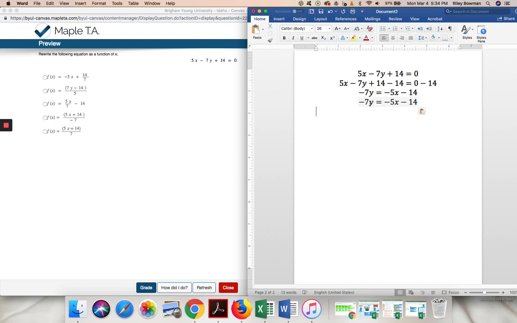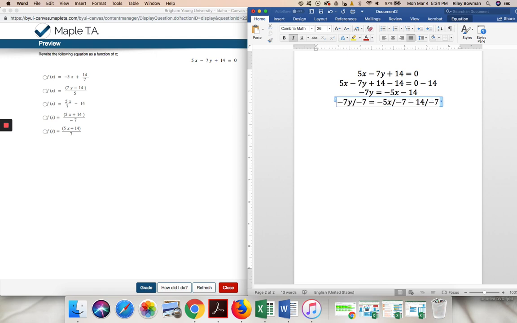Here I need to divide both sides by negative 7 because it is negative 7 times y. Negative 7 divided by negative 7 gives me 1. And then I can divide this term also by negative 7 and this term also by negative 7.